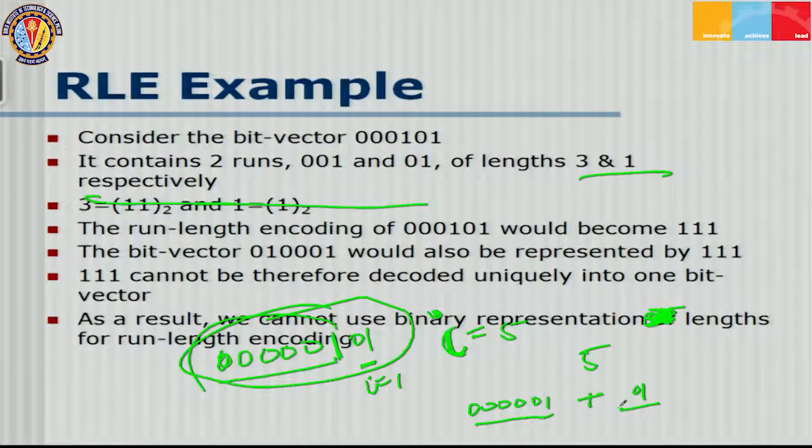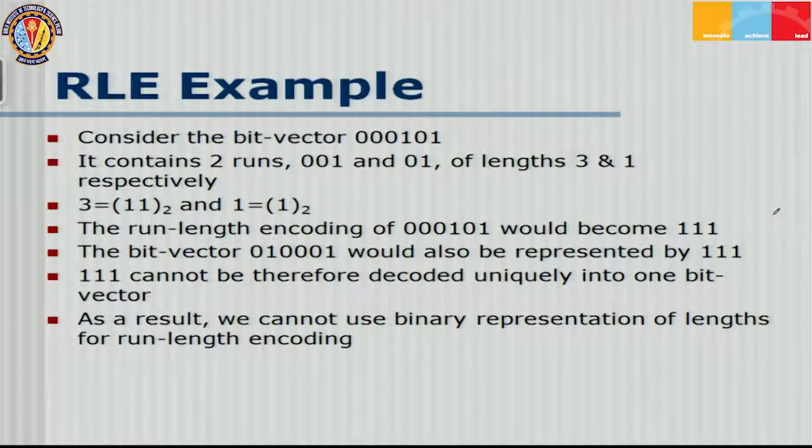Now let me give you some examples. Consider the bit vector 0001 and 01. Sorry, there should be another 0 here, it's a typo. It contains two runs, 0001 and 01, of lengths 3 and 1 respectively. So 3 is equal to 11 in binary, and 1 is equal to 1 in binary.